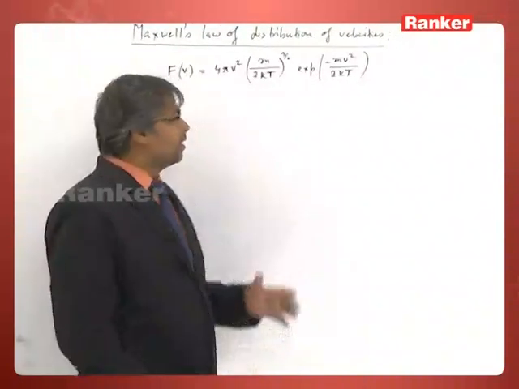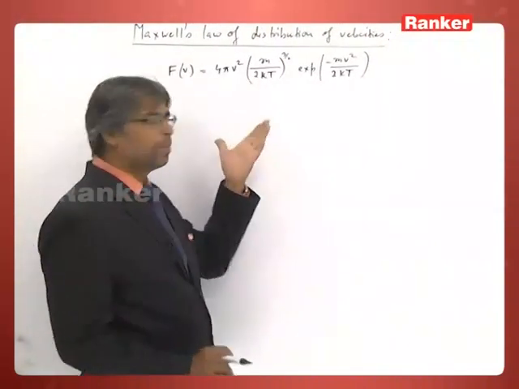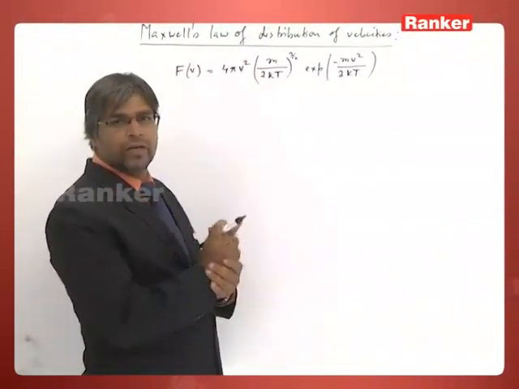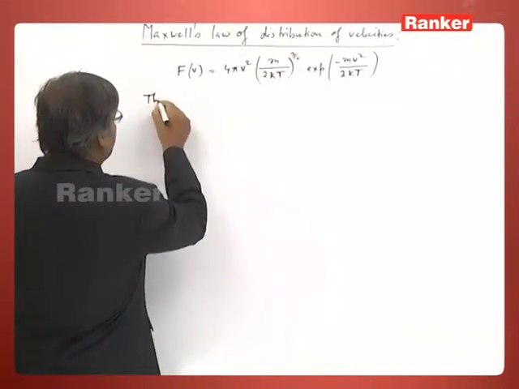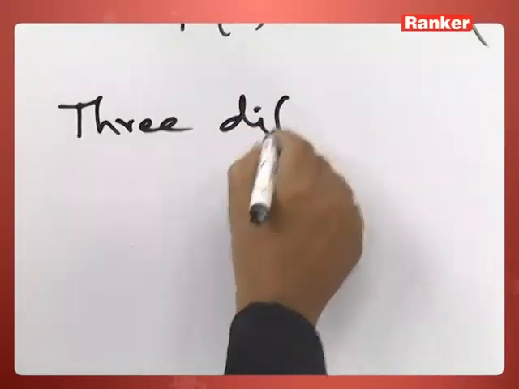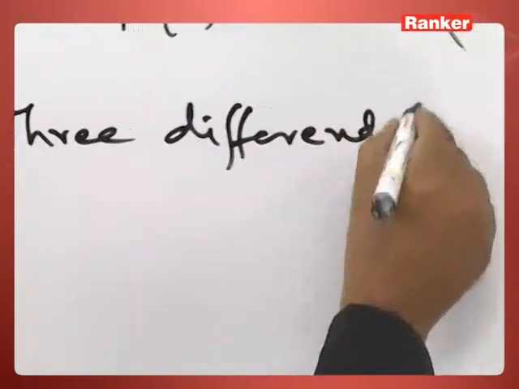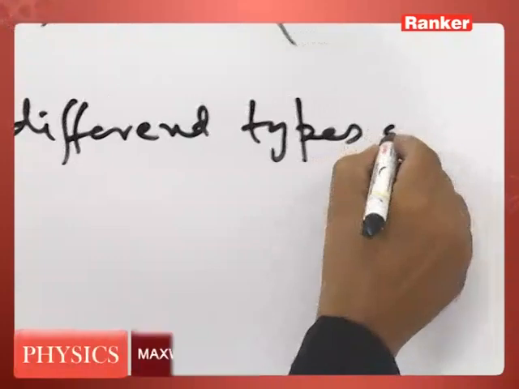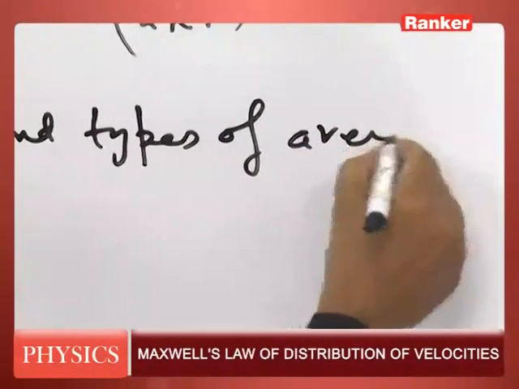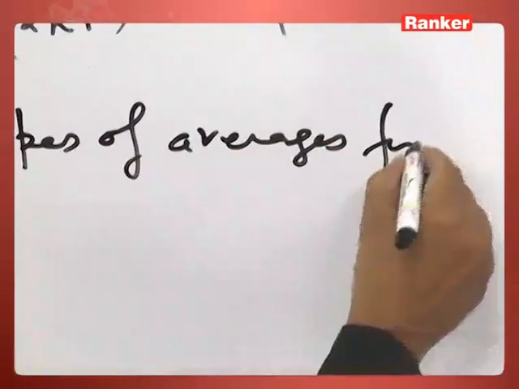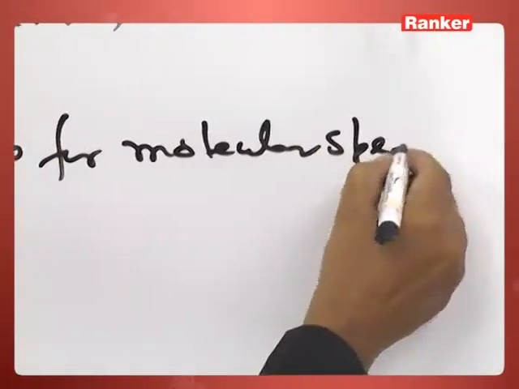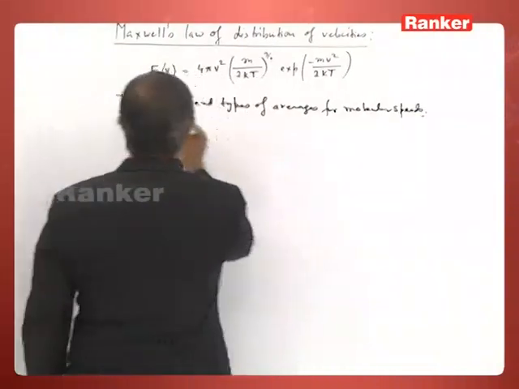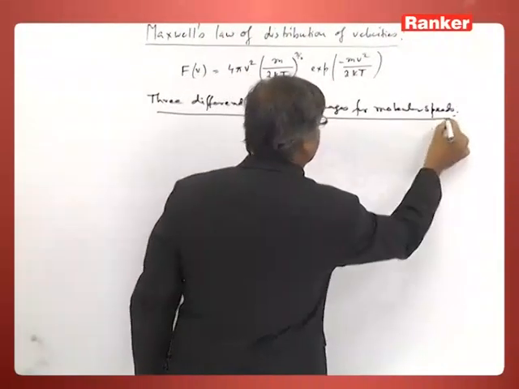So based on this probability density function of molecular velocities, we can have three types of averages.